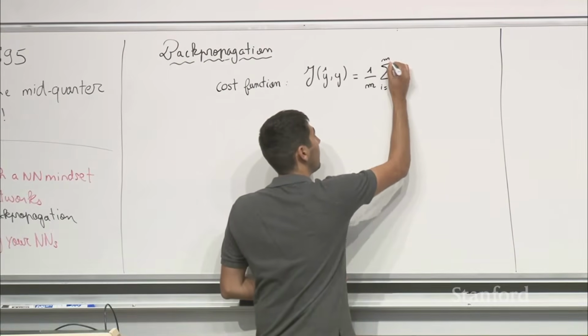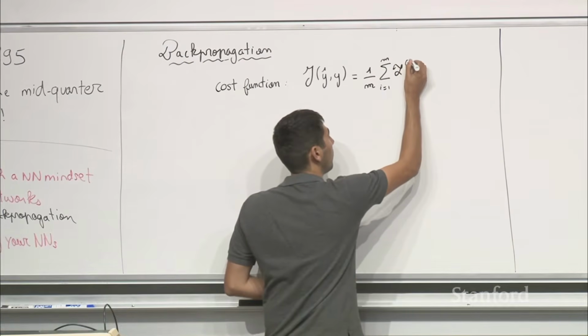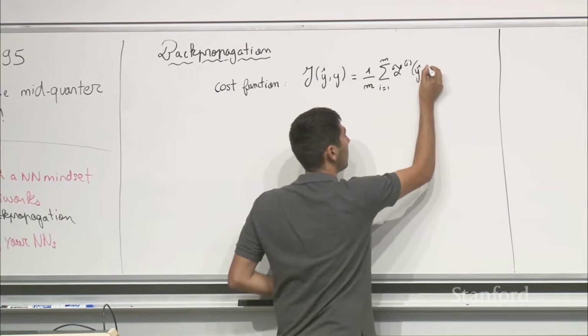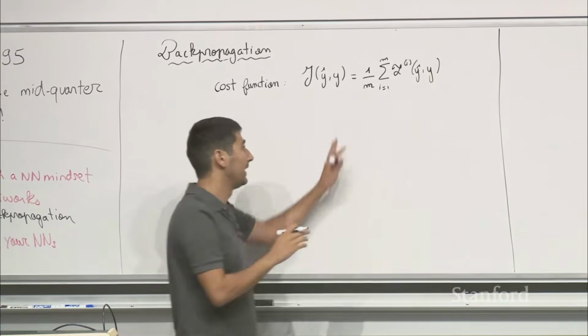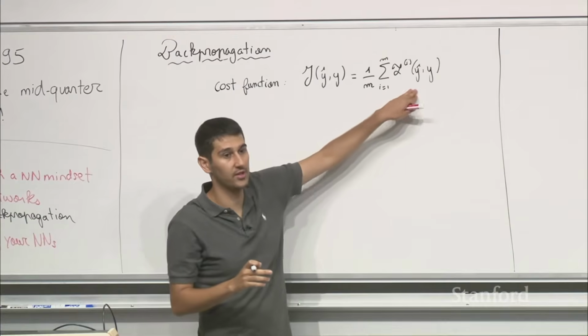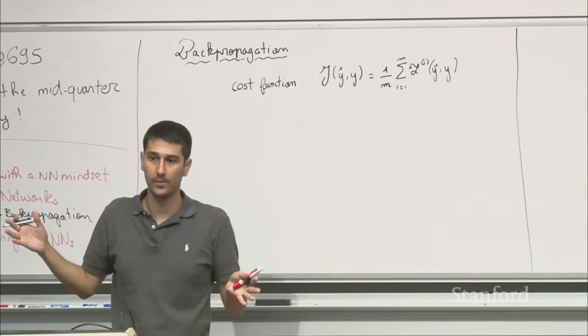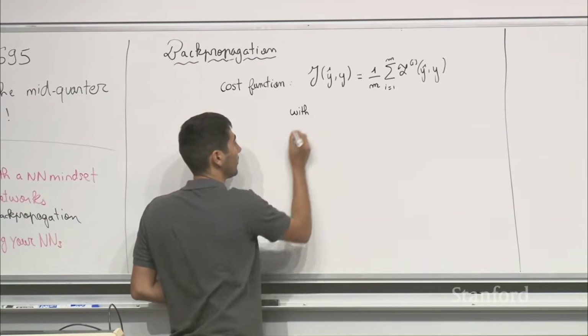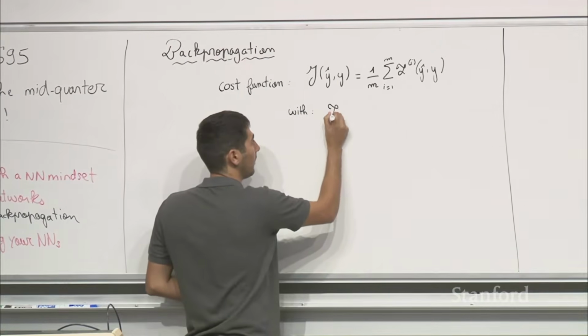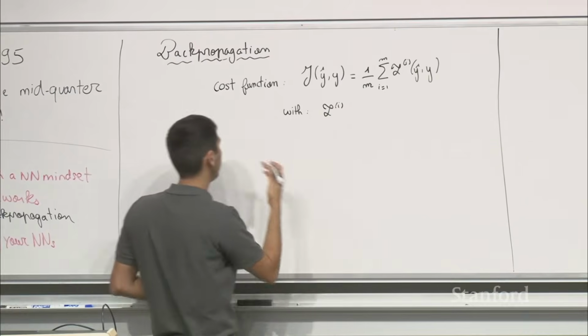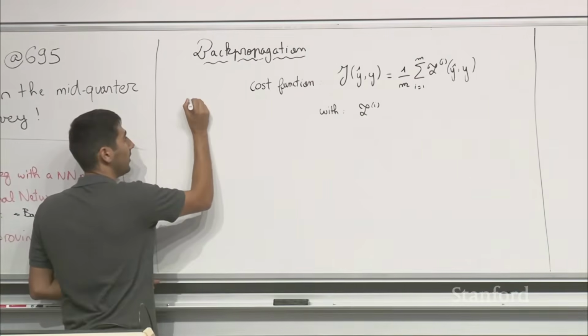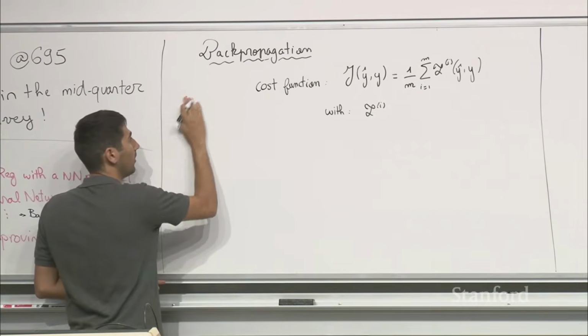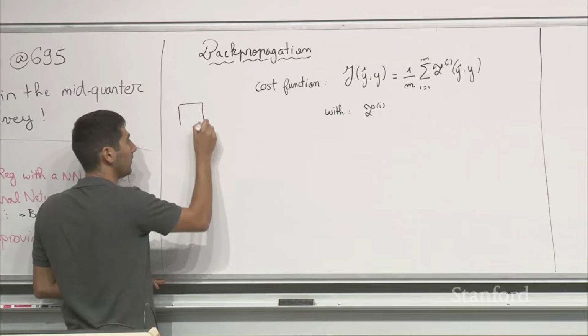So we have m examples that go forward propagate in the network. And each of them has a loss function associated with them. The average of the loss functions over the batch gives us the cost function. And we had defined this loss function together. Just as a reminder, we're still in this network where we had a cat.